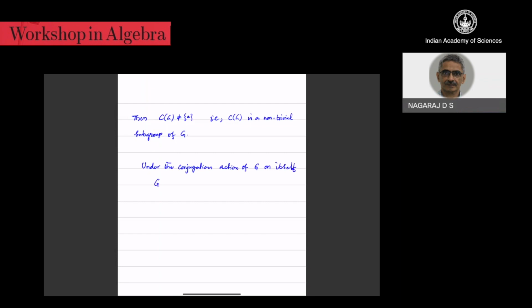So I can express G as a disjoint union of the orbits of g, where g belongs to some subset of G. Note that every element of the center is a singleton set. So it is C(G), disjoint union O_g1, disjoint union, up to O_gk.